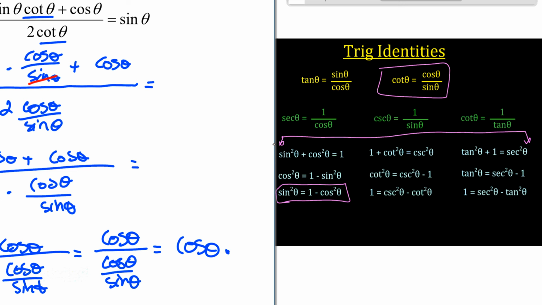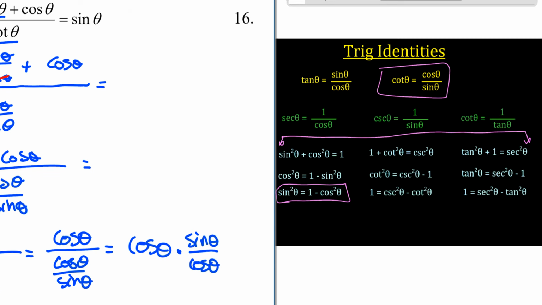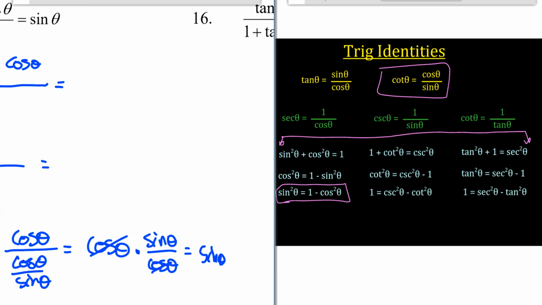So this would be cosine theta times sine theta over cosine theta. And we have a cosine on top, a cosine on bottom, and guess what we're left with? Sine of theta. Sorry, that got a little messy. Let me rewrite that. Not much better. There we go. Sine of theta. Cool. So a lot of steps, but that one just kind of fell into place there.